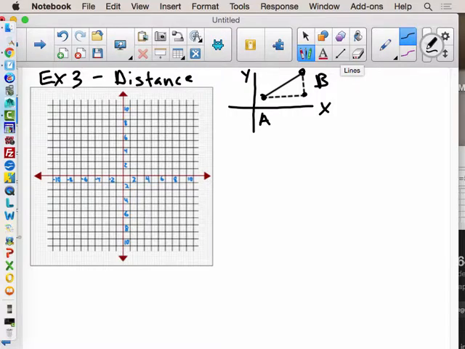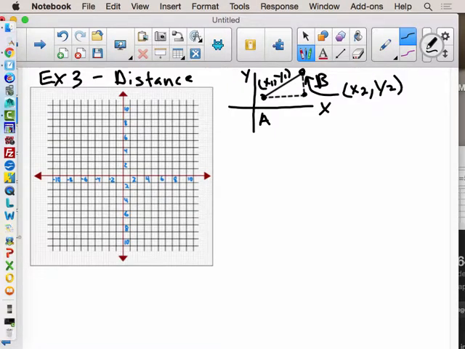And so, how do I calculate the distance from this point to this point? Well, first let's label some things. This right here would be x sub 1, comma, y sub 1. And this point over here would be x sub 2, comma, y sub 2.